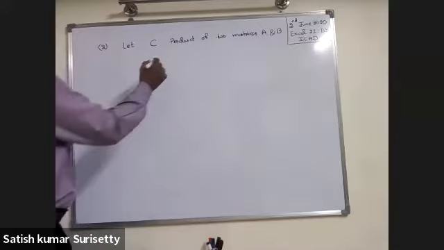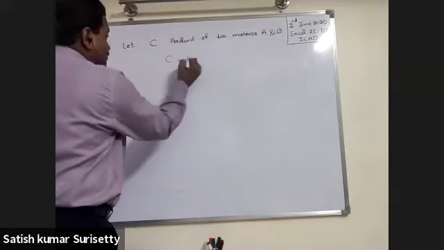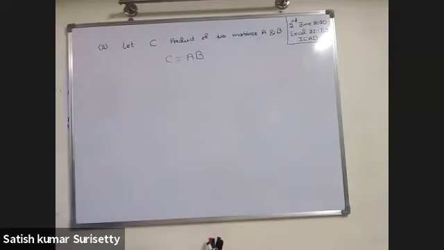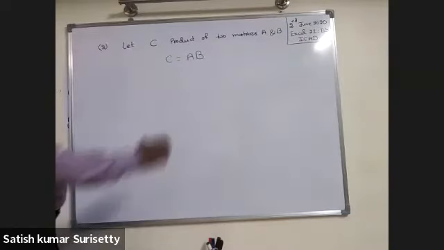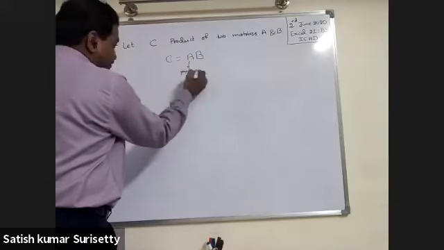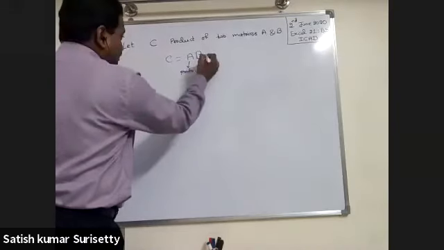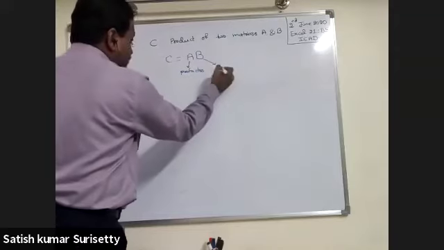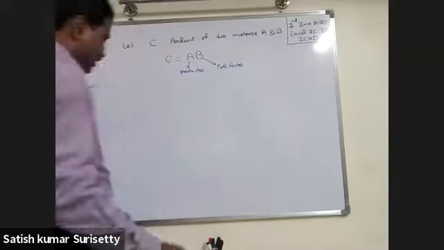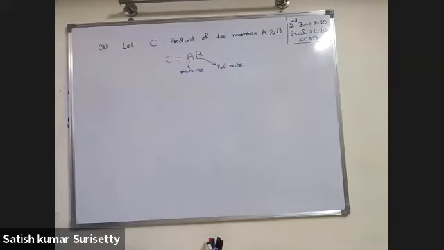That is C equal to AB. Here A is called the prefactor and B is called the post factor of the product.